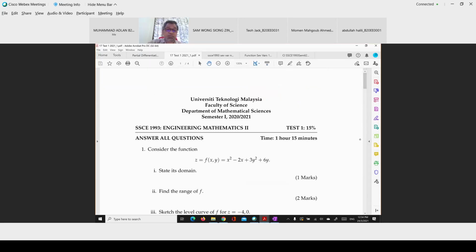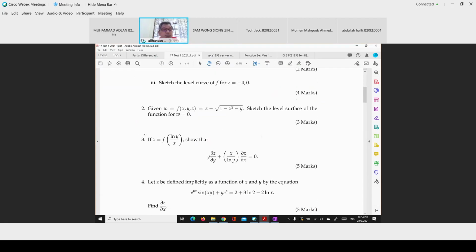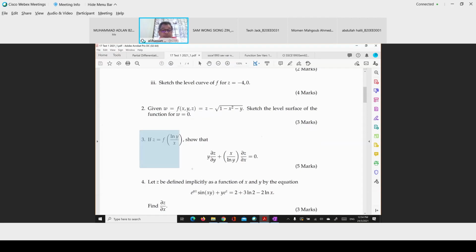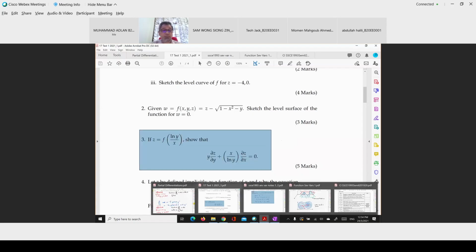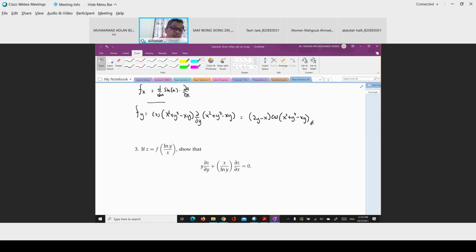So we look at this sample question here. I think now we have enough knowledge to solve problem number 3. Let's take this as another example, sample test 1.